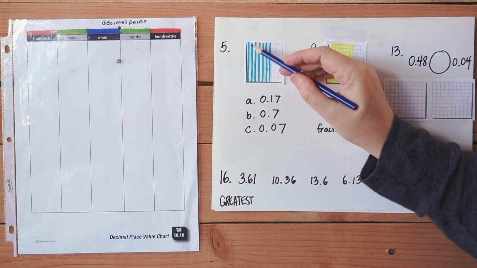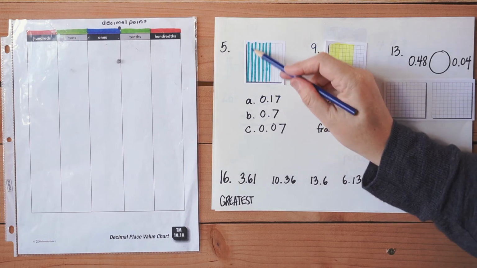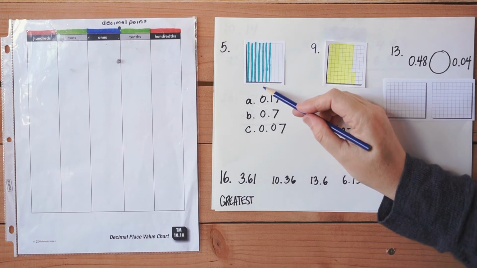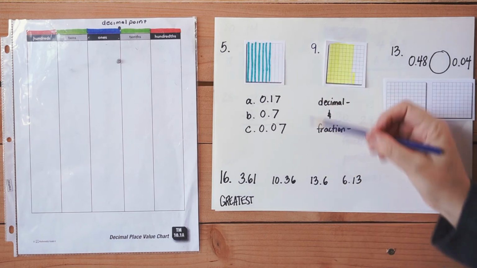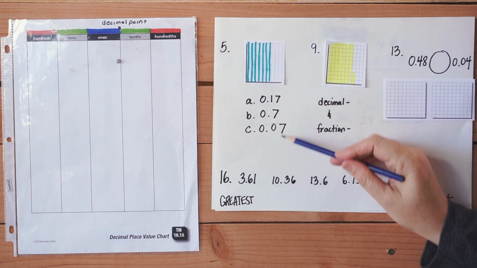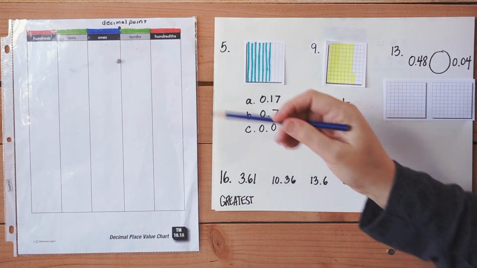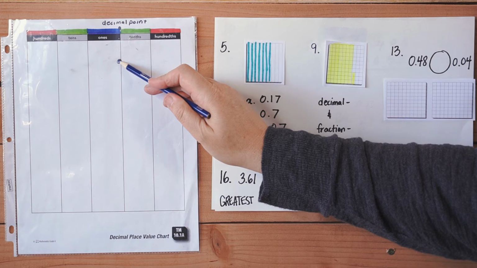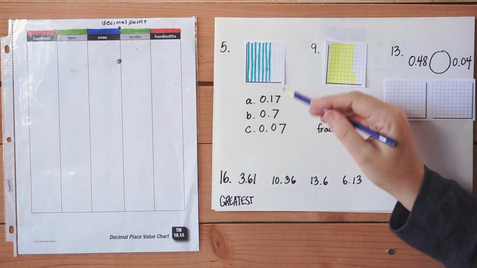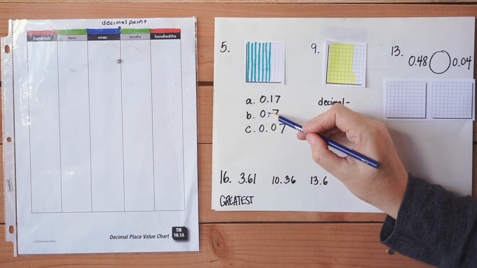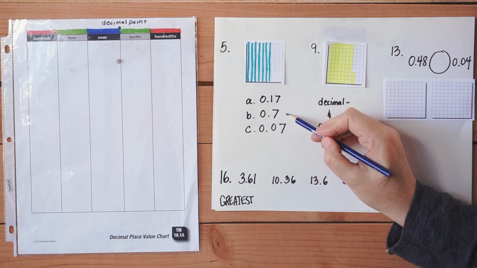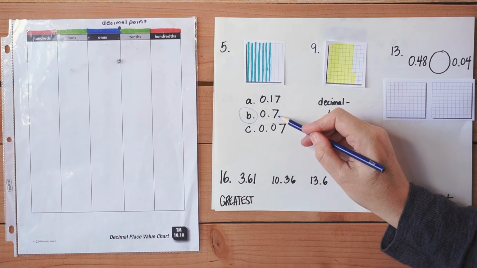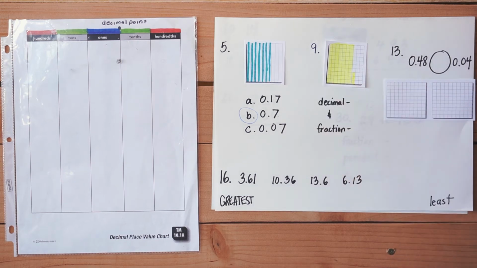And tenths, so we have 1, 2 tenths, 3 tenths, 4 tenths, 5 tenths, 6 tenths, 7 tenths. So which of these numbers shows me 7 tenths? Well, we know the tenths place is right after the decimal point. So look for your decimal point and then look for a 7. And I think I see that here. So it's going to be letter B, and this represents 7 tenths.